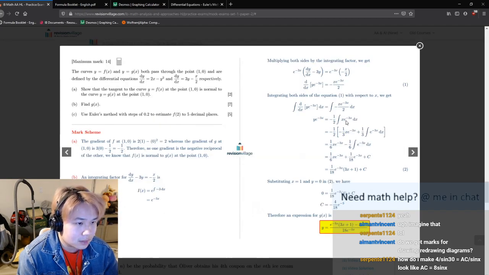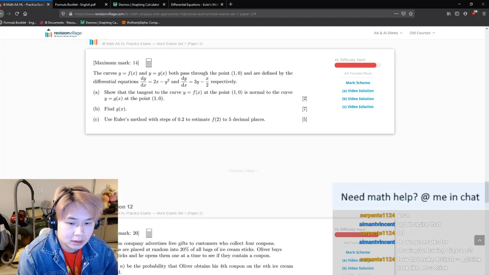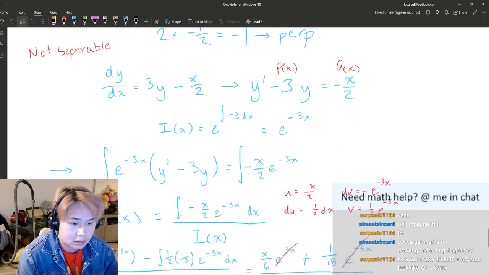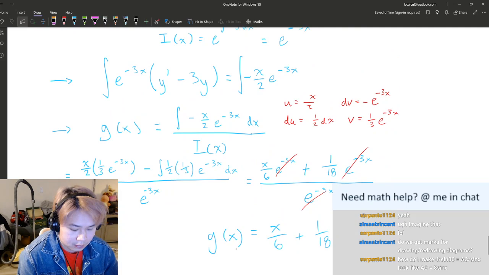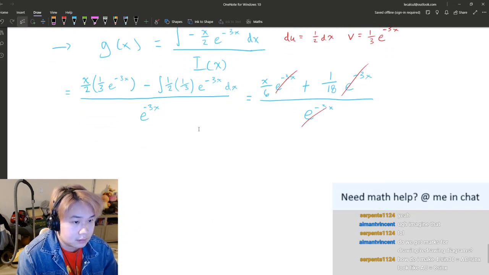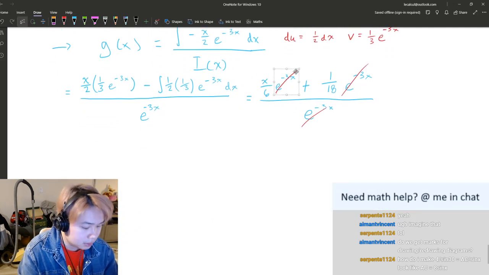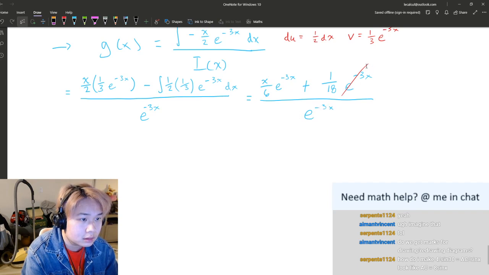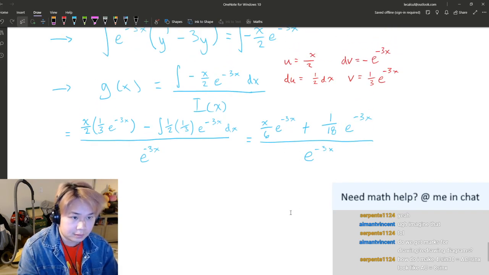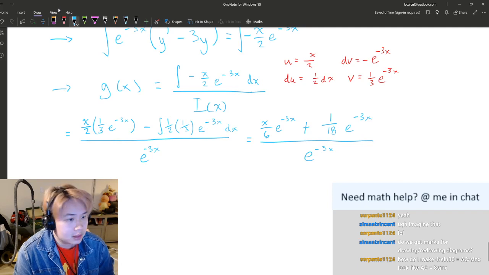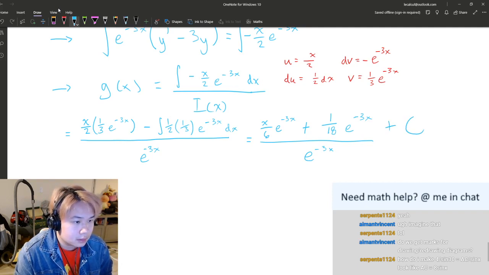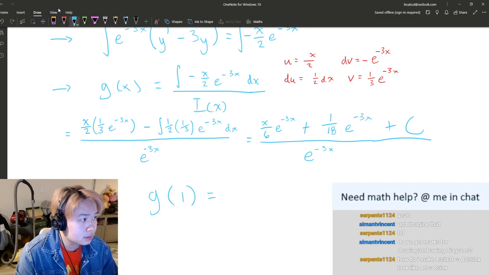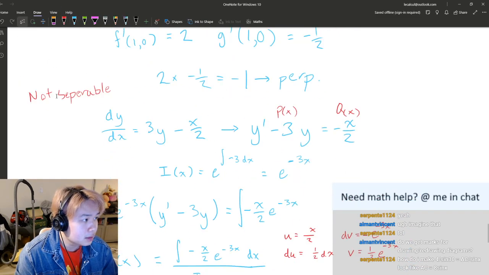Okay. Oh, I messed up this. My bad. Silly me. I forgot a plus c. And then I know g of 1 should be equal to 0, because they told me that.